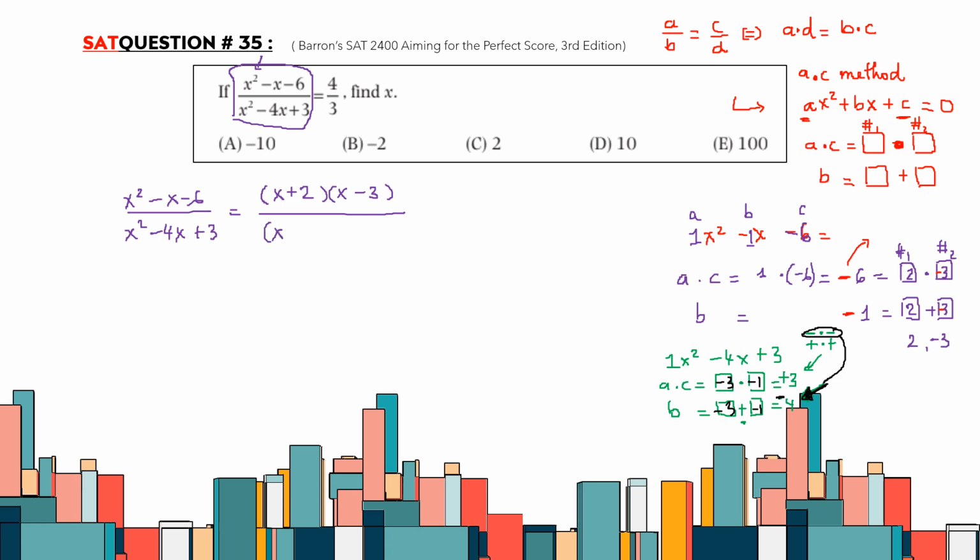We have x here, and right here is minus 1, right here is minus 3. Now top and bottom, we have common factors, so we cross them out. Then this equals x plus 2 over x minus 1.